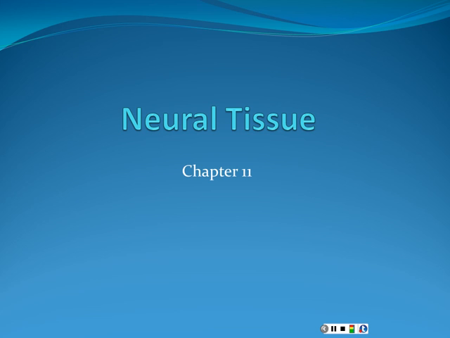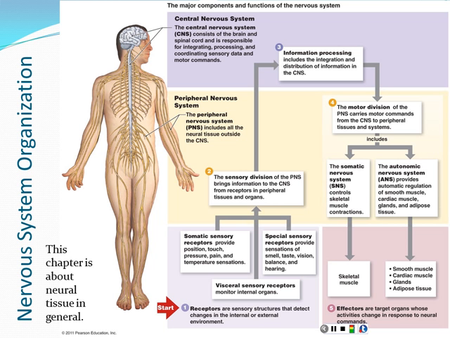So we'll start off talking about neural tissue, like how nerves work, kind of like we did with muscle tissue. We talked about how muscle works, and then we started talking about specific muscles. We're going to do the same thing with the nervous system. So overall, schematically, the nervous system follows this pattern.